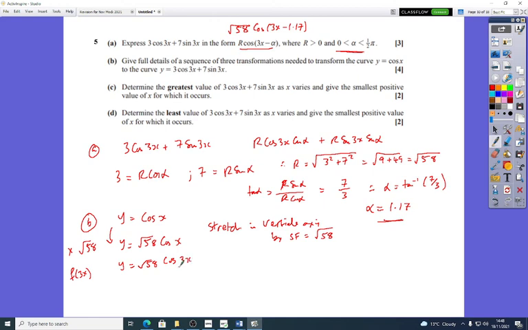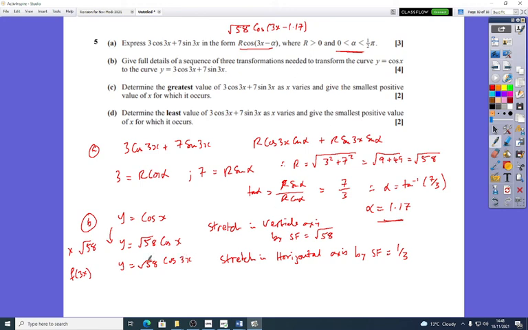And by doing that, you've actually done a stretch in the horizontal axis, parallel to the horizontal axis. Now just be careful here, when it's 3 there, the scale factor will be 1/3. Just be careful there.